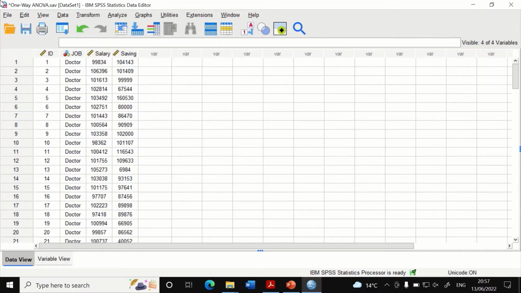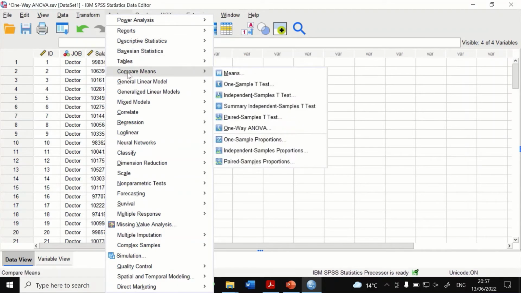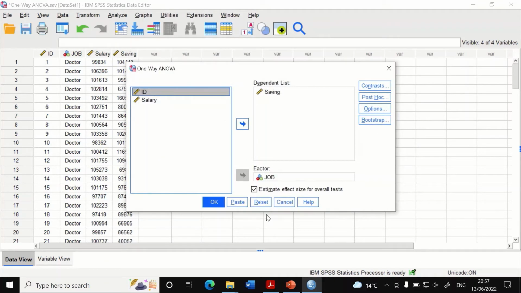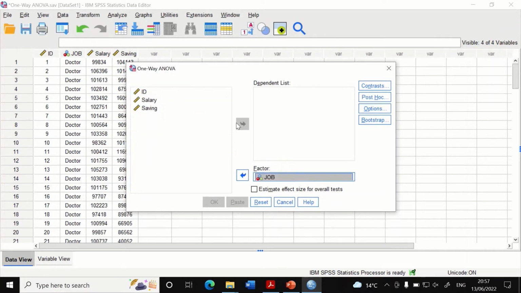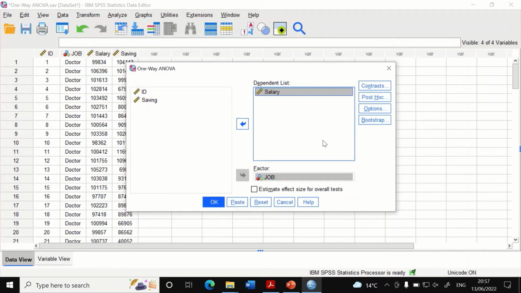The first one is through clicking on Analyze, then scrolling down to Compare Means, and then to One-Way ANOVA. Click on that, and then a window will appear. I'm going to reset that. In this window, I'm going to move the factor, which is the group job, into the factor space, and then I'm going to move the salary to the dependent list.